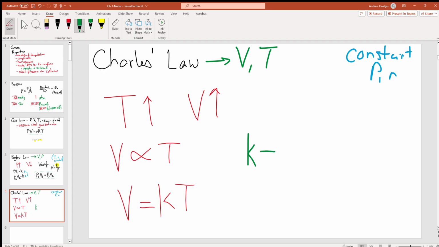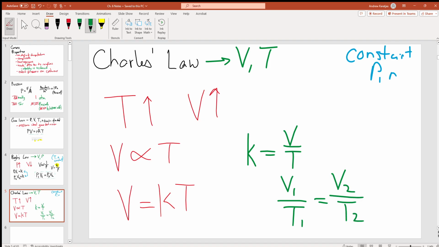So K is equal to V over T. And then by using two different sets of conditions, we can say, and this is our useful form of the equation, V1 over T1 equals V2 over T2. And that's the form of Charles' law that you'll need to know.